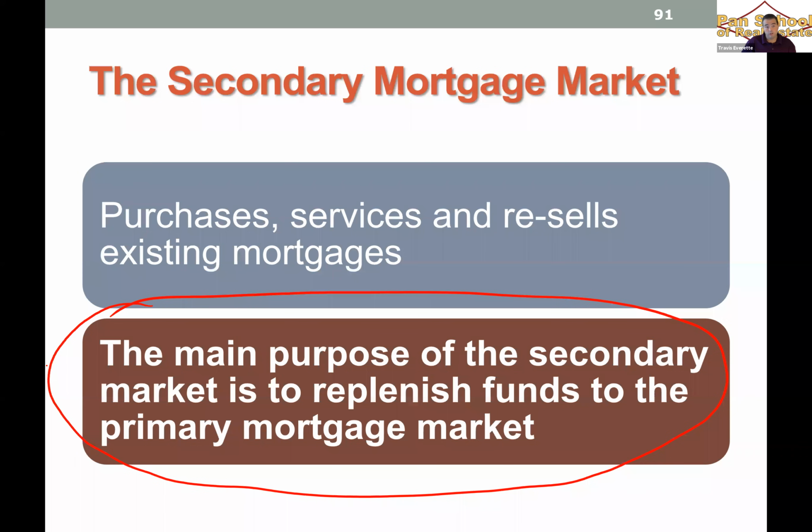Banks loaned their own money and kept those notes until they were paid off. Part of the economic recovery from the Great Depression was creating systems where banks could sell these notes, which keeps money moving through the system. If you see that question, okay?